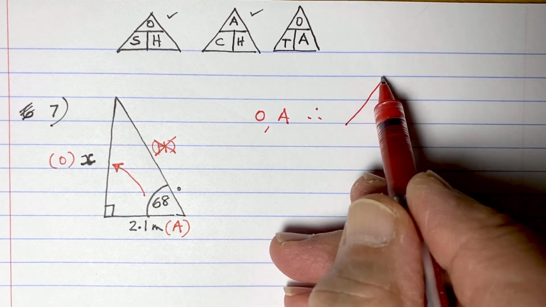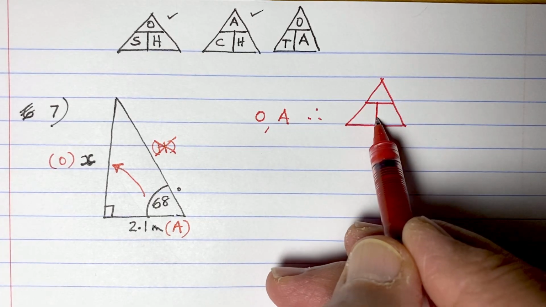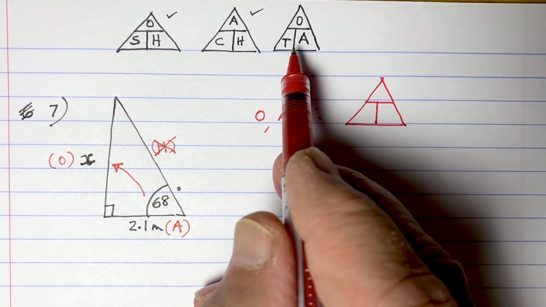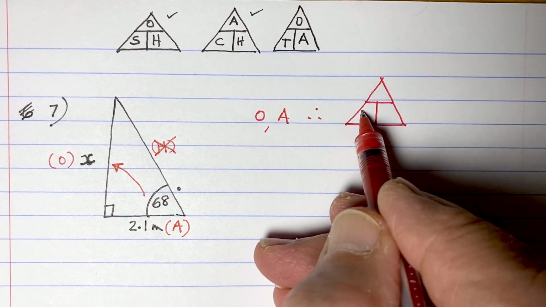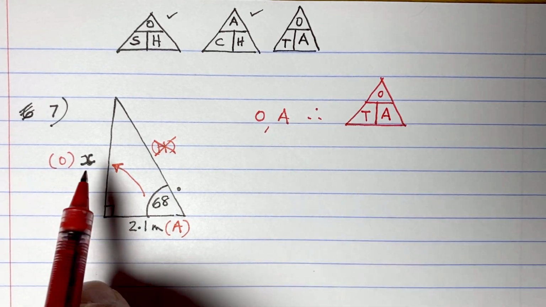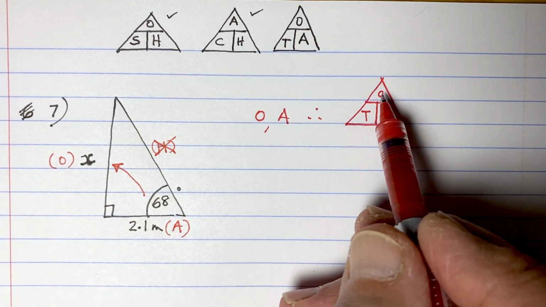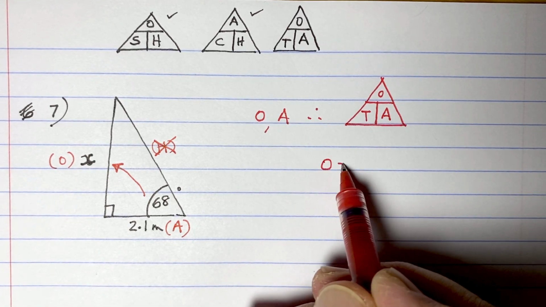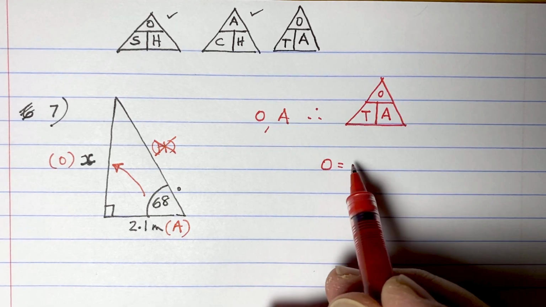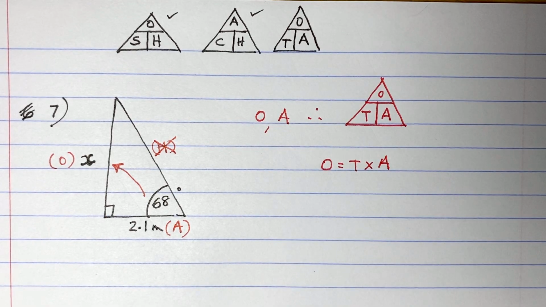Therefore, the trigonometric ratio which is going to deal with this type of question is the one which got O and A in it, which is TOA. And I'm looking for O. O is the one with X next to it. So if you cover O, you have T times A. Now we're going to replace.